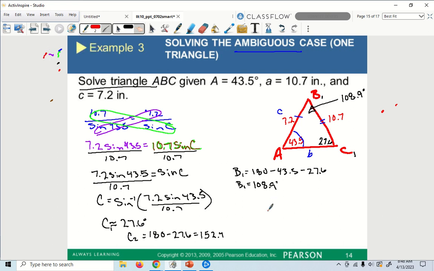I'm going to start off with what I have, which is 10.7 over sine of 43.5 is equal to little b over sine of 108.9.